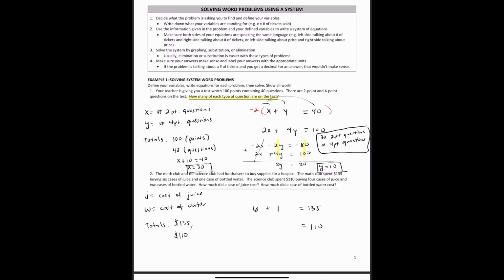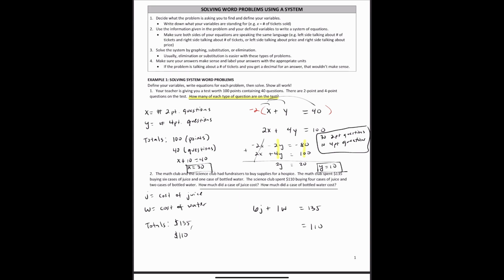So we need to go ahead and write our variables in. We know that J represents the cost of juice and W represents the cost of water. So it's 6 cases times the cost plus 1 case times the cost. So I should write 6J plus 1W, which is equal to 135.